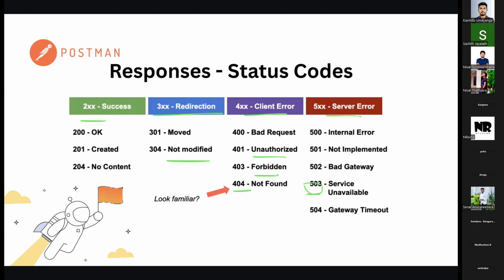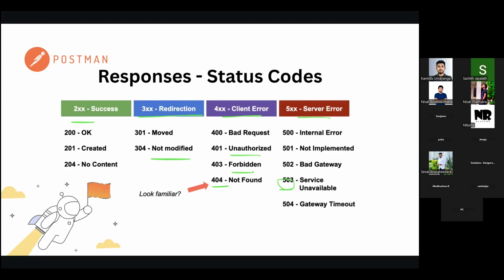And 4XX means client-side error, which means we created a bad request. On the client side, we create a bad request or an unauthorized request or a not found. I think you are already familiar with 404 not found. Most of the time it happens in reality, right?